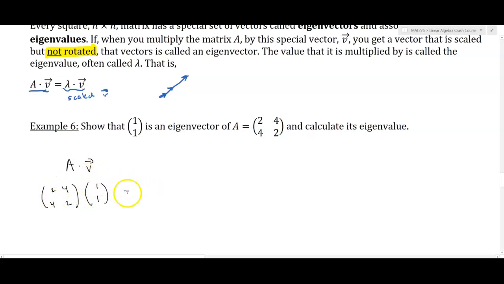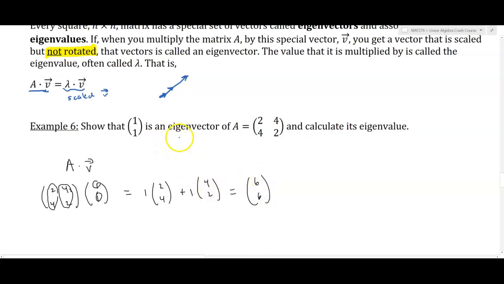We multiply the [2, 4] column and the [4, 2] column by 1 and 1 and then add them together. So 1 times [2, 4] plus 1 times [4, 2]. We add those together, we get [6, 6].